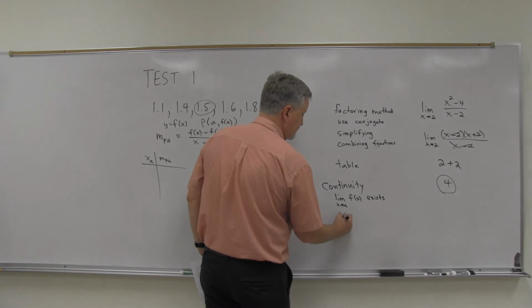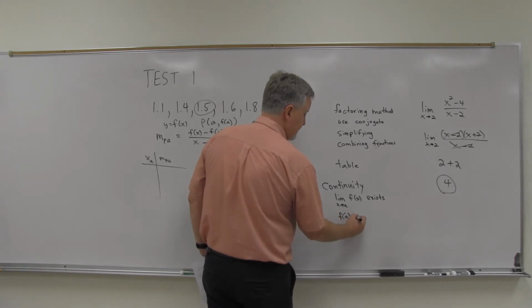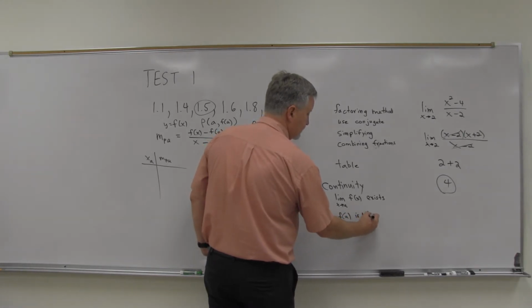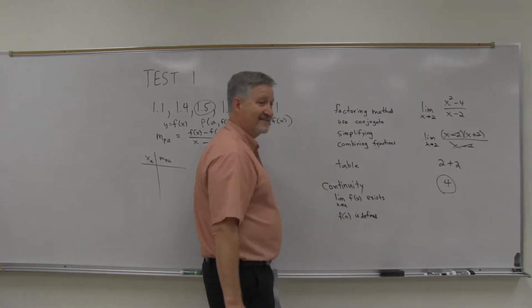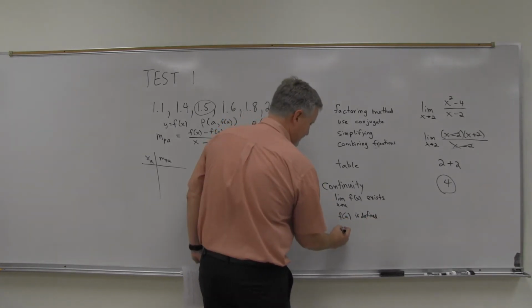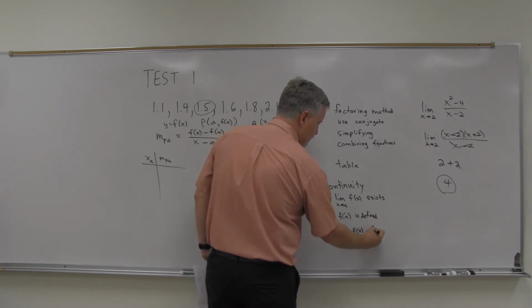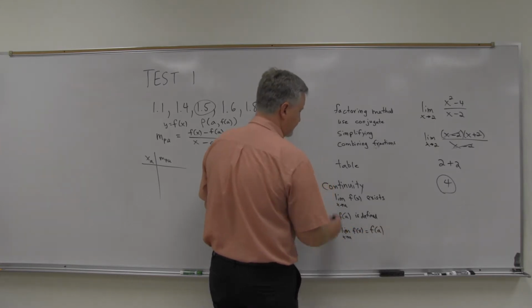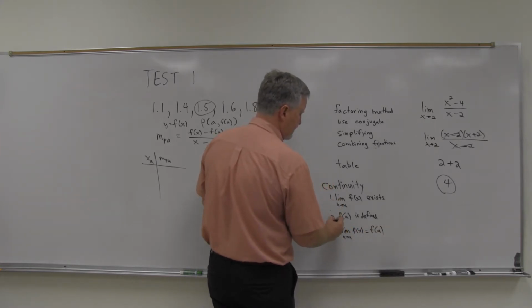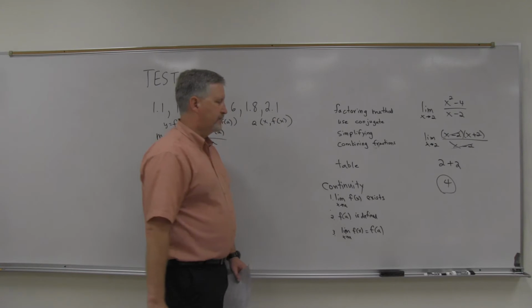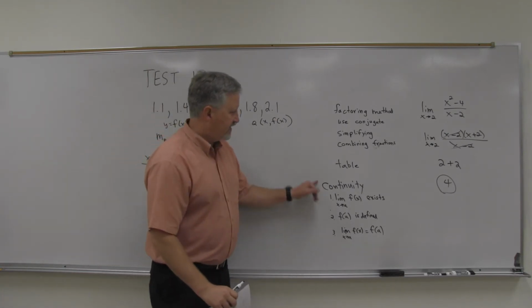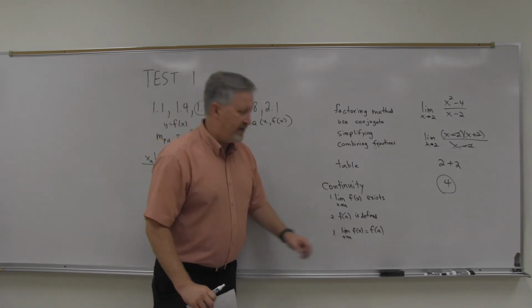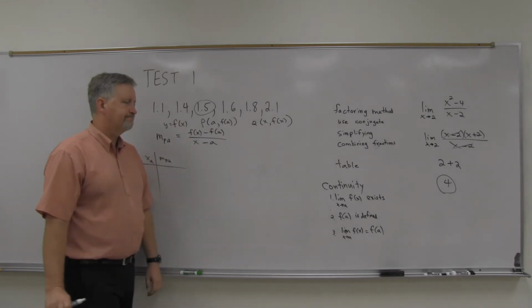You've got the function at a is defined. And then the last one is those two are equal, right? So there's basically three parts. If all those three are satisfied, then it's continuous at a, we would say.